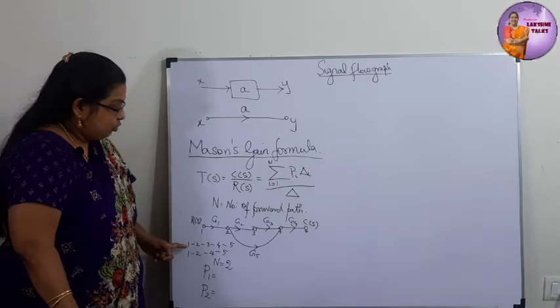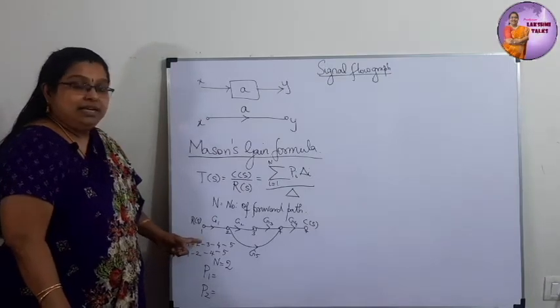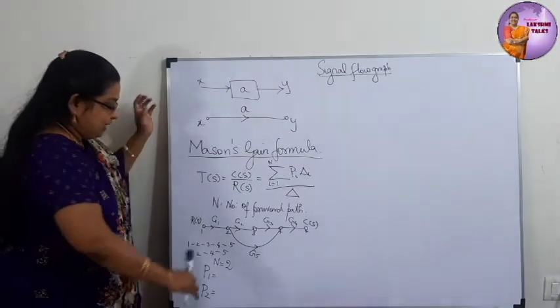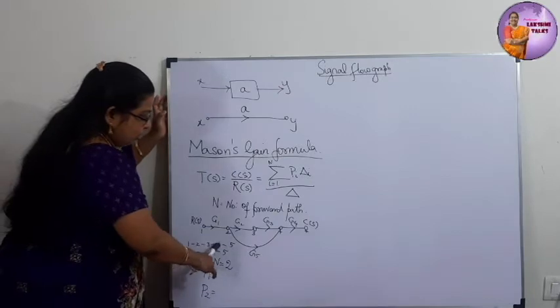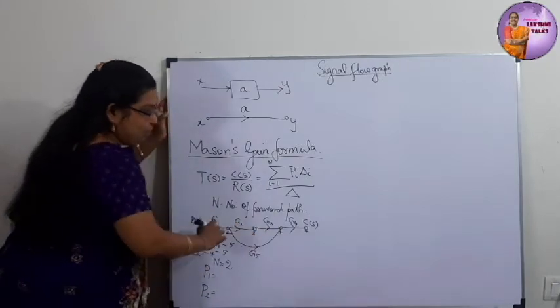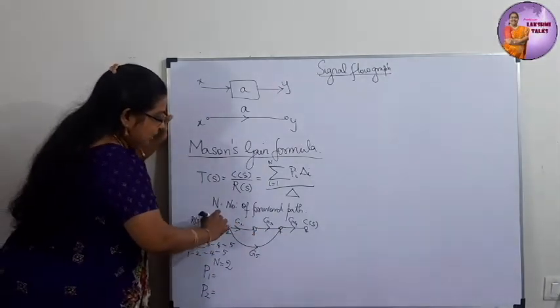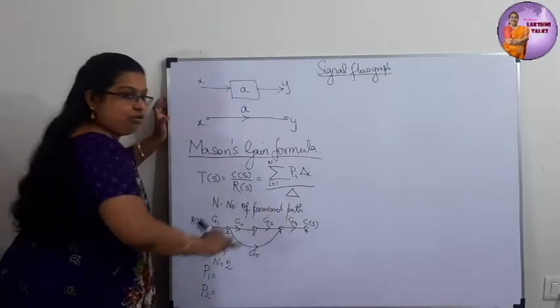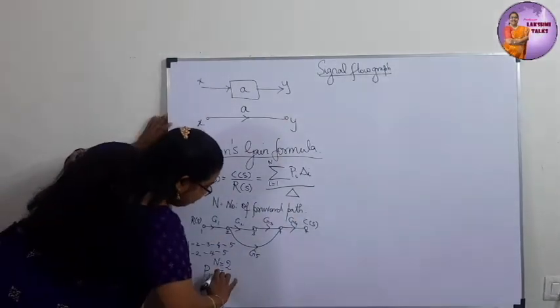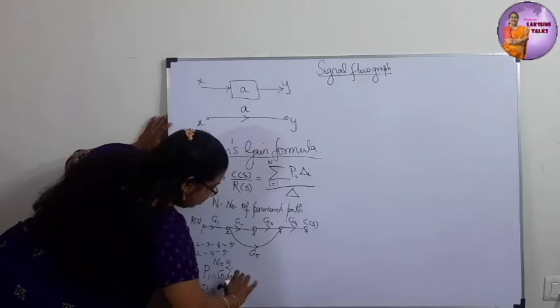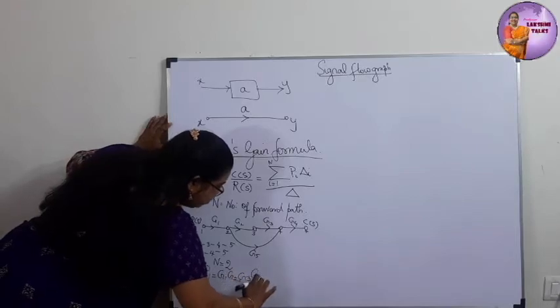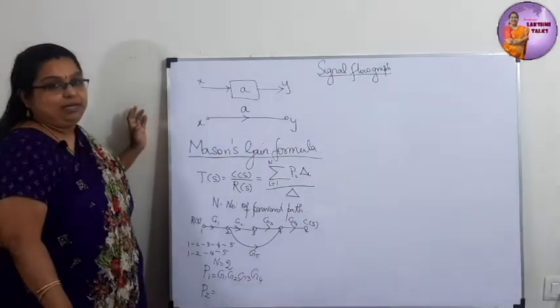What are they? You multiply the gains of that particular path. For example, 1 to 2, 2 to 3, 3 to 4, 4 to 5: you multiply the gains G1 into G2 into G3 into G4. This is one forward path gain.